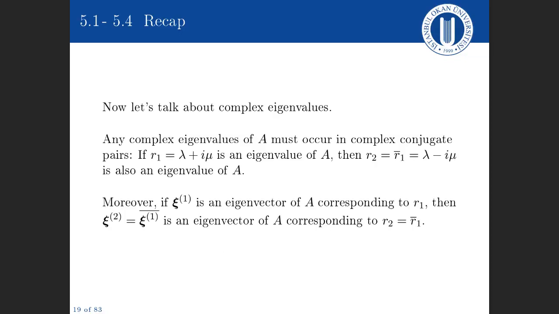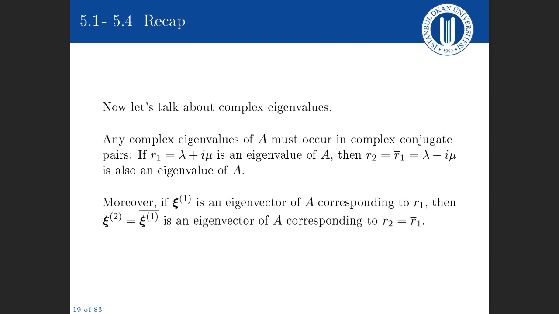Let's talk about complex eigenvalues now. What do we do if we have complex eigenvalues of this square matrix? Well, we know from linear algebra that any complex eigenvalues must occur in complex conjugate pairs.